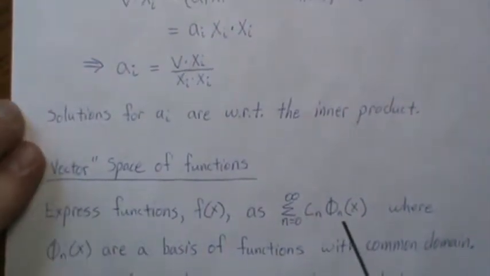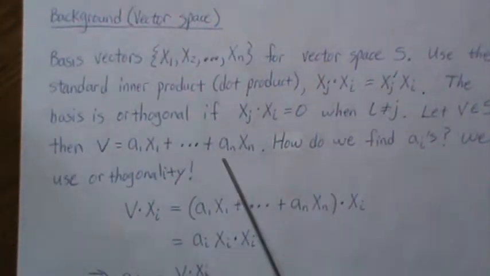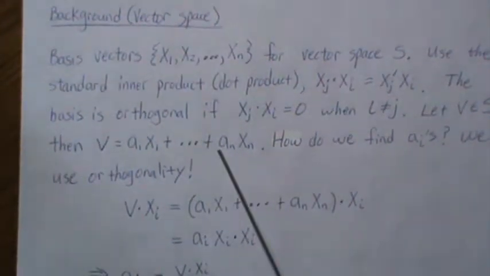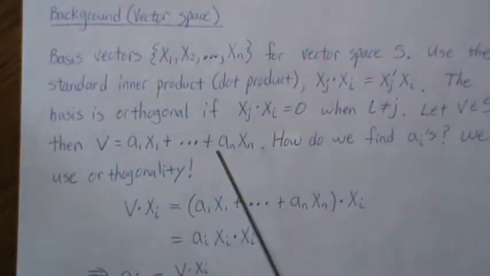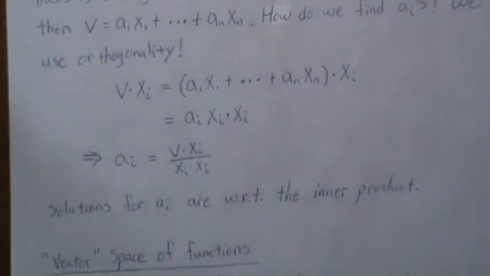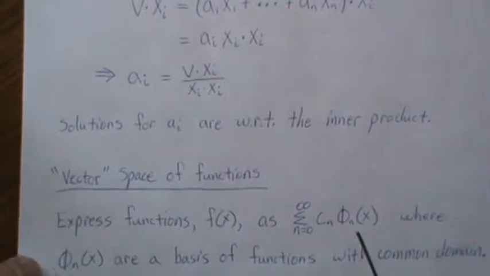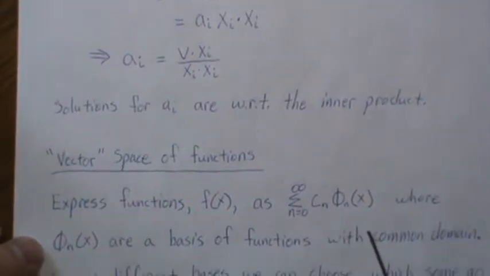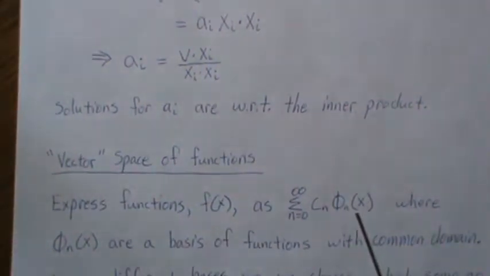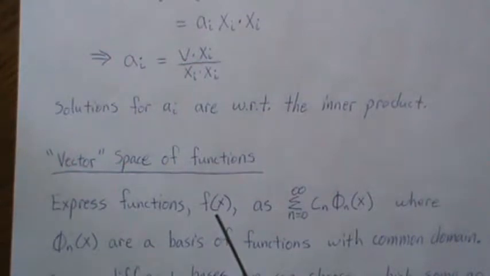With basis vectors, a linear combination can create any vector. Here we're going to create any function in the span of our basis functions. These basis functions have a common domain, and they create functions that are valid in that domain.